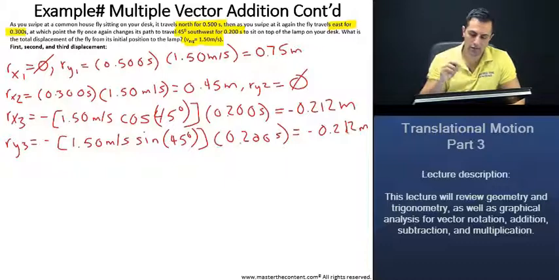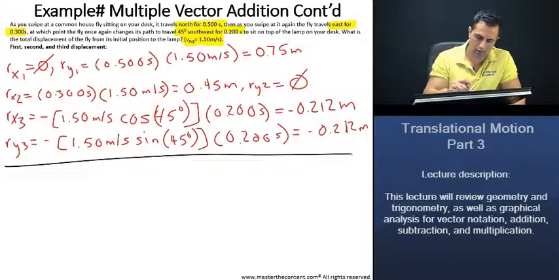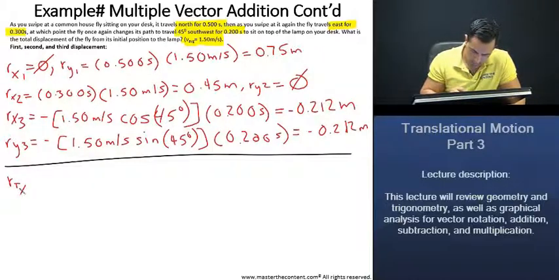Now that we have all our x components and y components, let's go ahead and find the vector sums. We'll start first with the x component, and that's just, as we said, the x components from our first, second, and third vectors. The value for the first one was just 0.